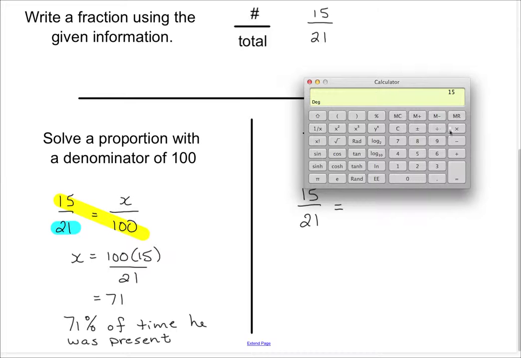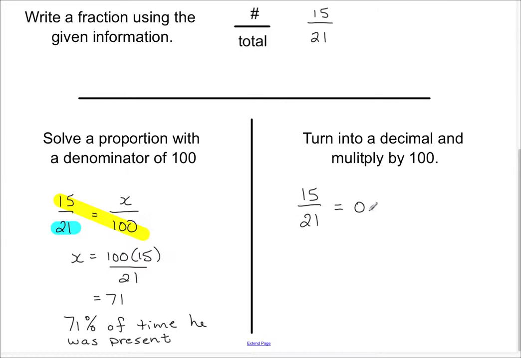So 15 divided by 21 is 0.71. And then we have to multiply it by 100%, which is basically just timesing it by 1, because 100% is 1, and that means it's 71%.